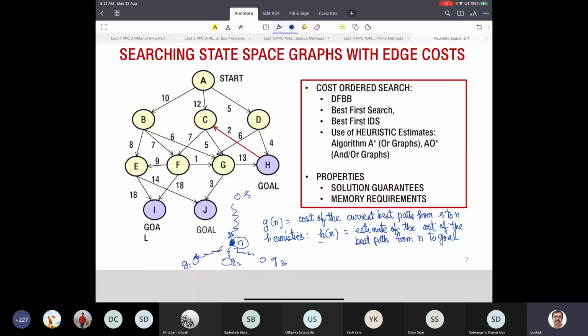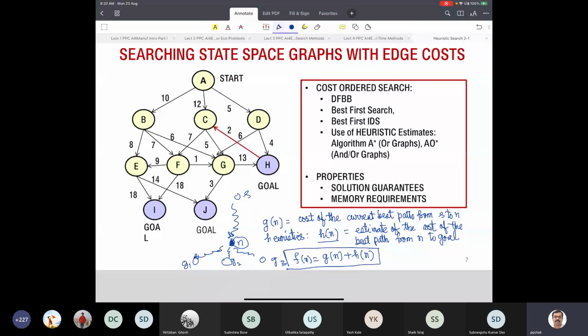And because it's a minimization problem, if I use a function fn, which is gn plus hn, then this function fn is the estimate of the cost of the best path from S to goal via n.